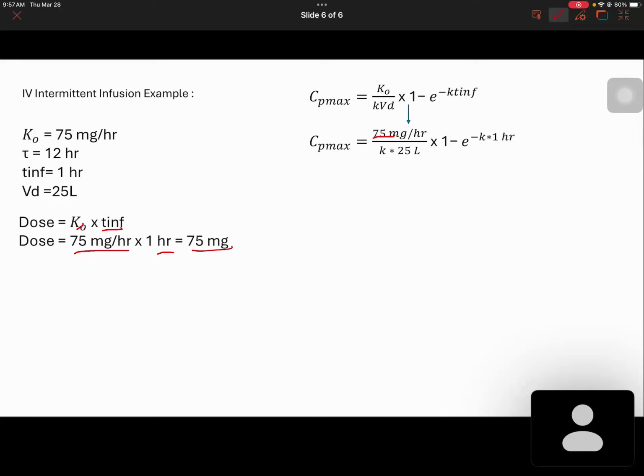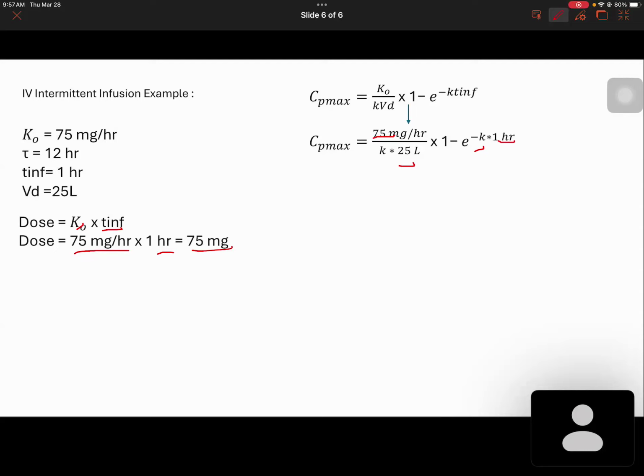K isn't given, so that would be something we would eventually be given in a problem. I'm just using this as an example, but in an actual problem, we would fully have the K already. Our 25 liters for volume of distribution will go here, 1 minus E to the negative K, whatever that value is, times our T infusion of an hour. So that would be our setup for the equation to get our CP max.